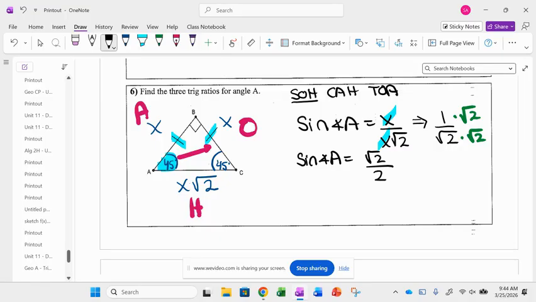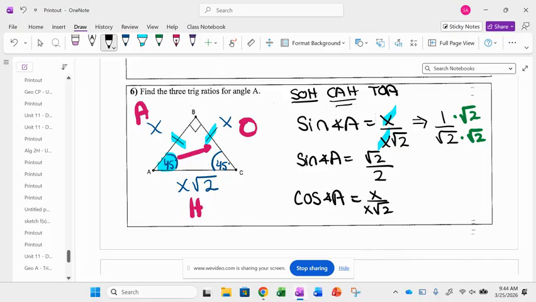Now what do I need to find? Because I said find all three. I just found sine. What should I find next? Cos. So we're going to say cos angle A. Well, that's CAH. So that's the adjacent, which is x, over the hypotenuse, which is x root 2. Didn't I just do x over x root 2? Didn't I just do that for sine?